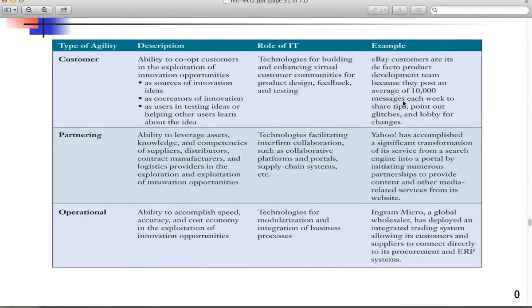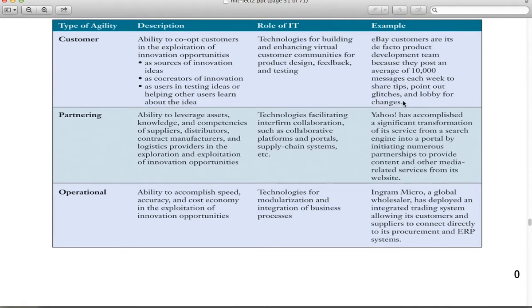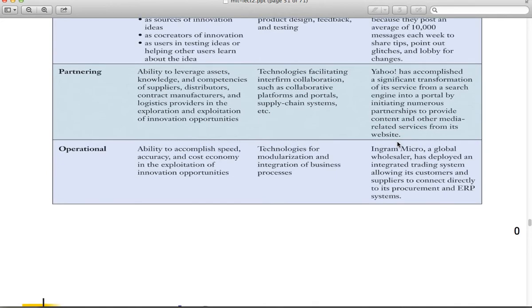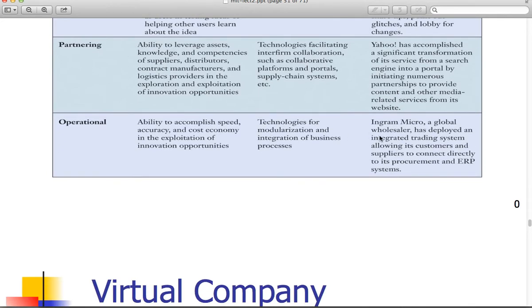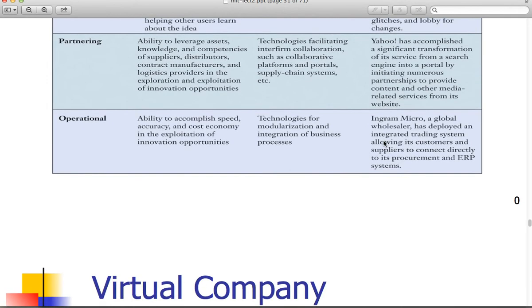User-centered testing and development efforts. So partnering, building alliances with different internet companies. In terms of operations, getting large global wholesalers to work together and distribution houses in terms of being able to distribute things.